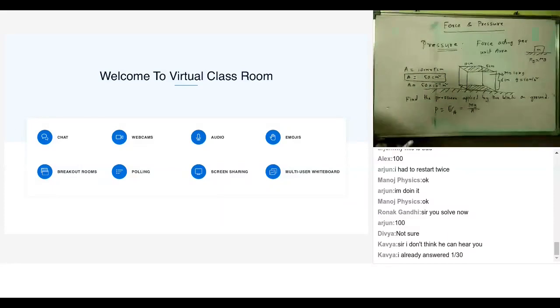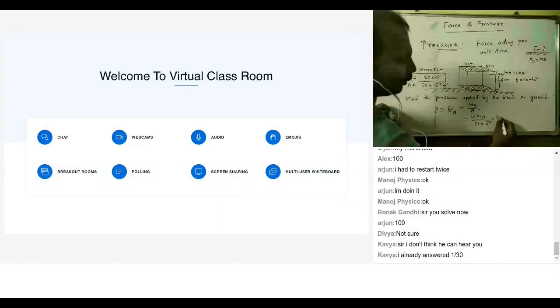Fine. So let's put it now. What will be the pressure? I'll put the values here. M is 10, g is 10, by 50 into 10 power minus 4. So what will that be equal to? That is 2 into 10 power 4 Pascal, or 20,000 Pascal.